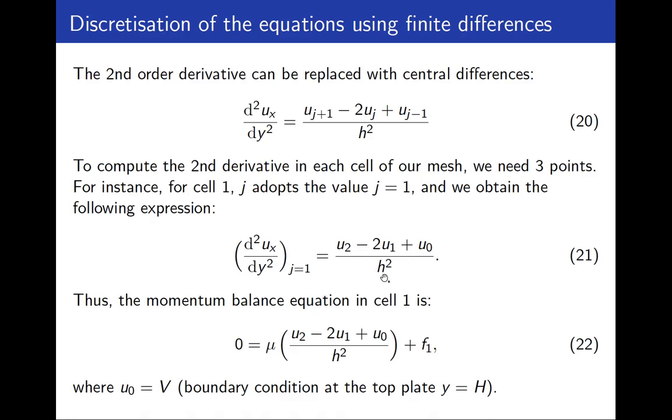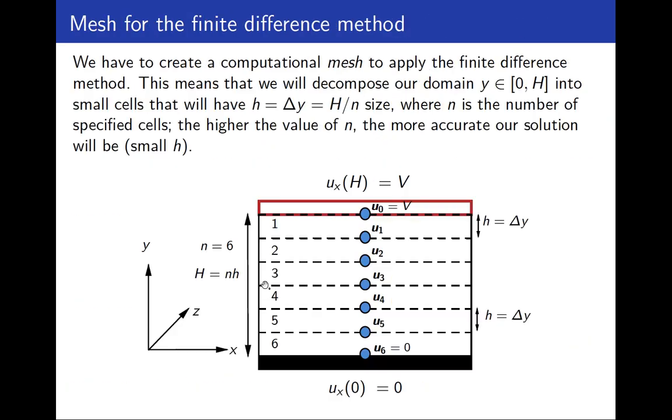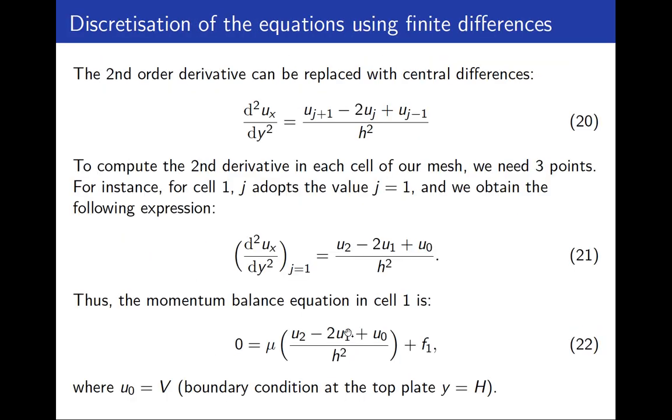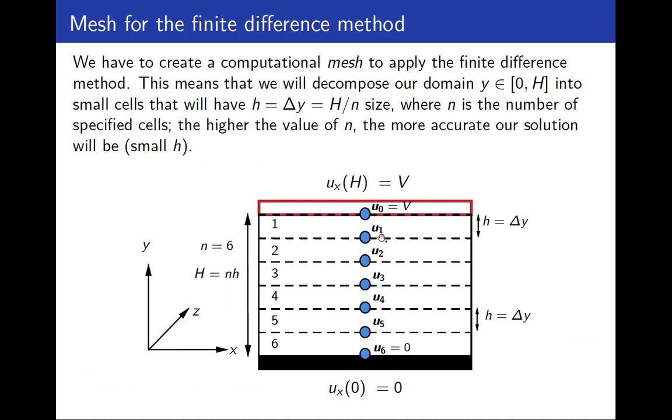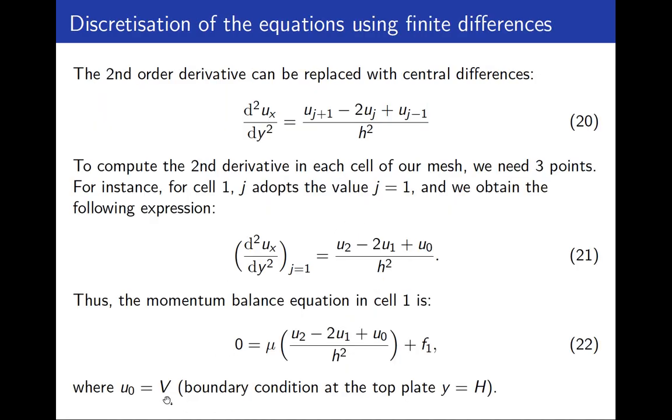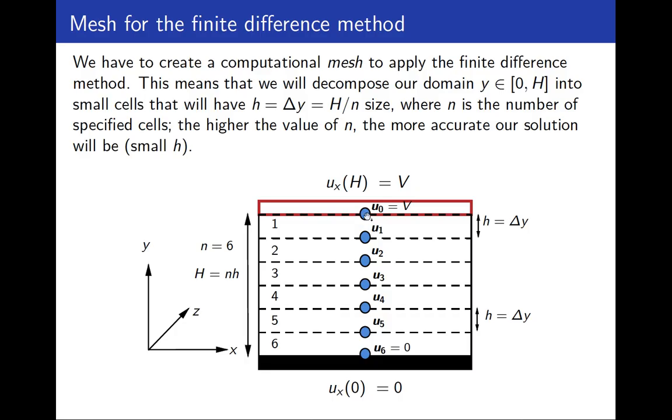If we substitute this approximation of the second derivative into this equation, we end up with something like this. We have the viscosity multiplied by our approximation of the second derivative plus the source term, and this is the momentum balance equation in cell 1. Now you can notice that here at the top we are at the top plate.